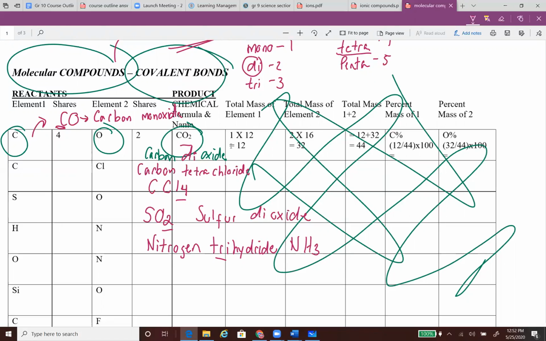Okay. Like for example, like this one, because molecular compounds are tricky, this could be NO. So that would be called nitrogen monoxide.